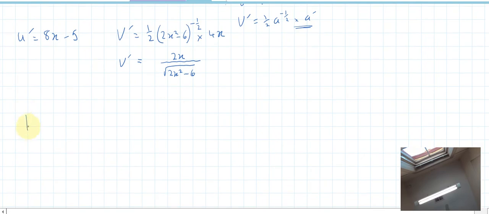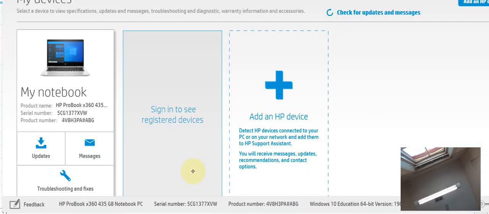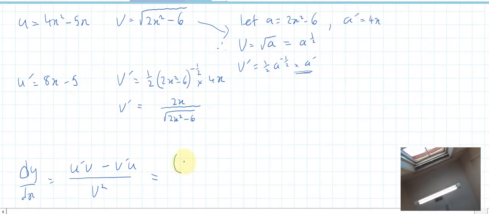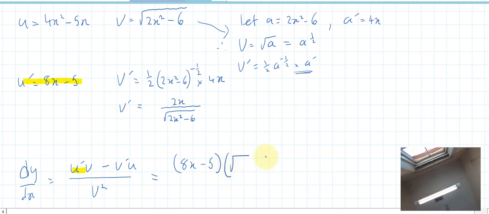So dy on dx equals u dash v take v dash u over v squared. Make sure you get those values right. Now I'm going to work across, otherwise we can't see the whole thing. Bracket 8x take 5, that's u dash, multiplied by v, which is the square root of 2x squared take 6.